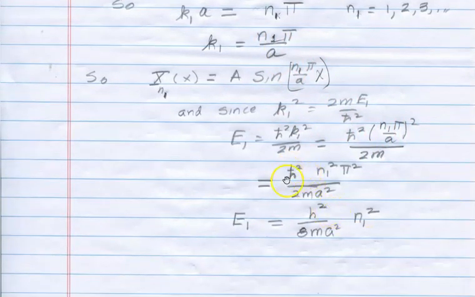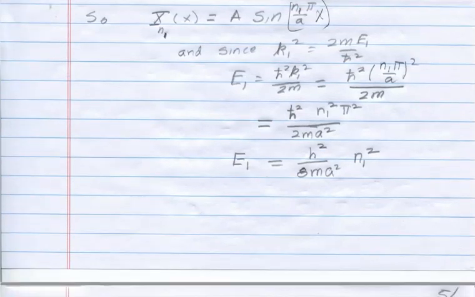You could leave it in this form, but the one I like is this one here: h squared over 8m a squared times n1 squared. Really, I get an infinite number of energies for these integer values of n1, but I won't label this with the n1 at this stage anyway.